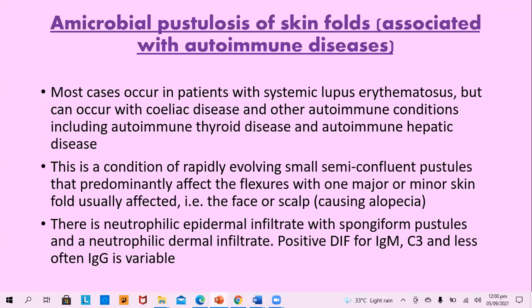In this condition, there are rapidly evolving small semi-confluent pustules that predominantly affect the flexures, with one major or minor skin fold usually affected, that is face or scalp, causing alopecia. There is neutrophil epidermal infiltrate with spongiform pustules and neutrophilic dermal infiltrate. Positive DIF for IgM, C3, and less often IgG is a variable finding.